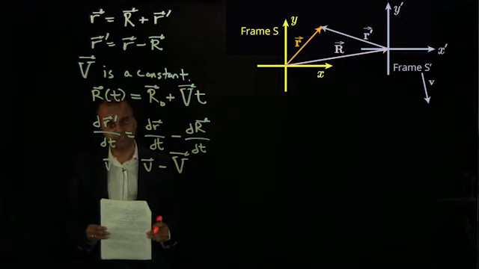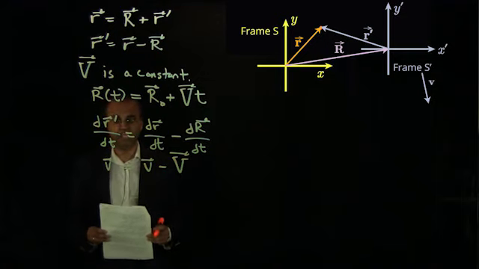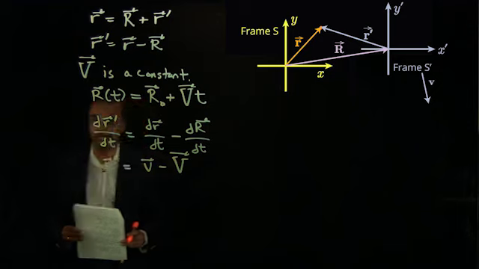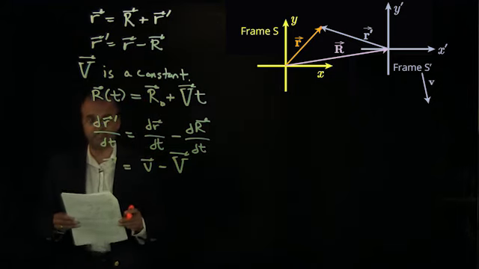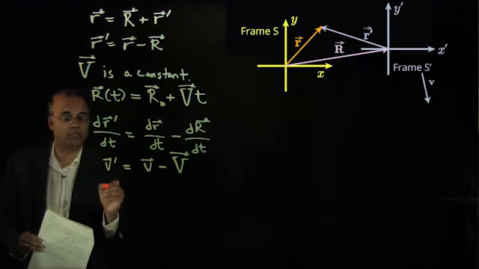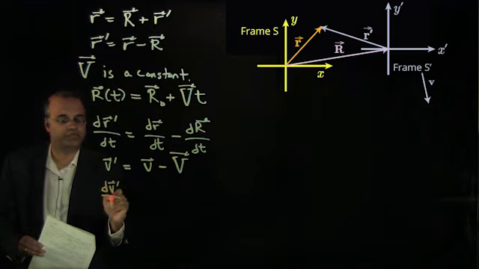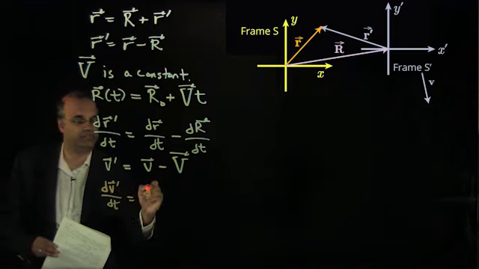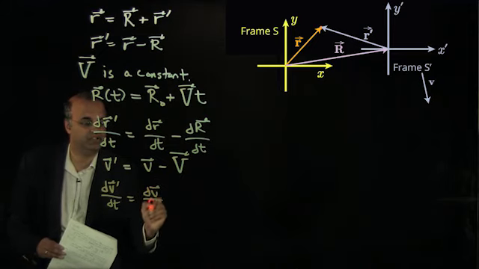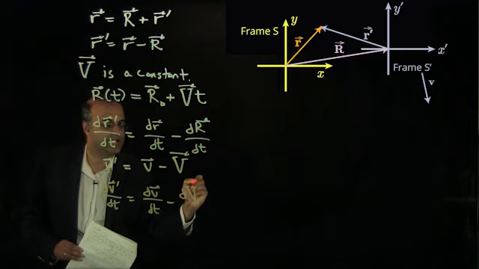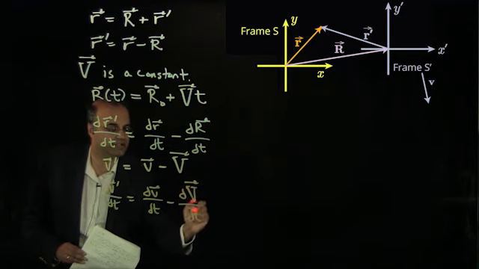Now, how are the accelerations related? Well, again, we can just take the time derivative of the velocities to figure out what the relationship of the accelerations is. So differentiating this equation, I have that d little v prime dt is equal to d little v dt minus d capital V dt.